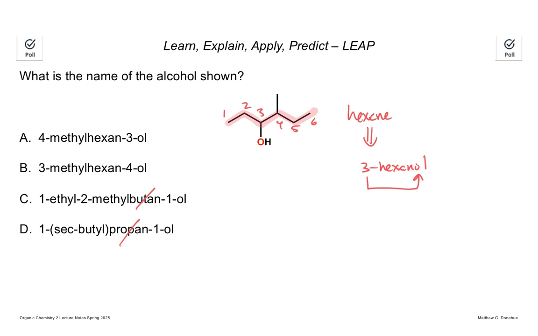Now that we've taken care of that, we have one more thing left. That group right there is 1 carbon, so methane will become methyl. It's on carbon 4, so we just shove that in front of the 3-hexanol.